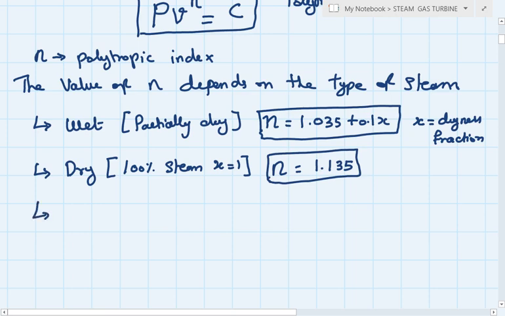For superheated steam, the value of n is 1.3.